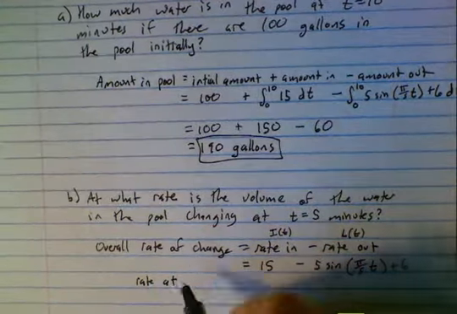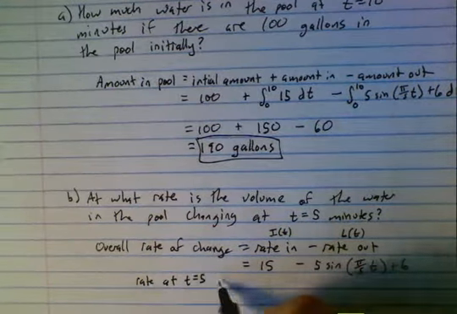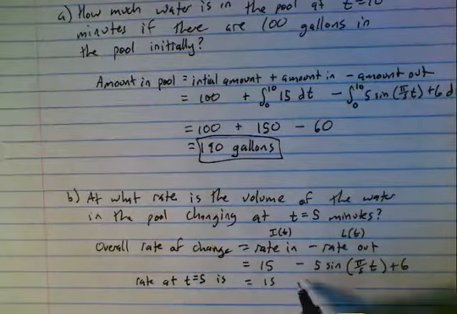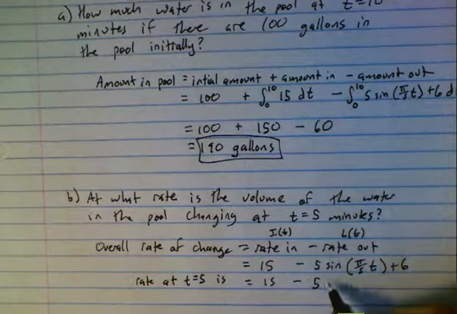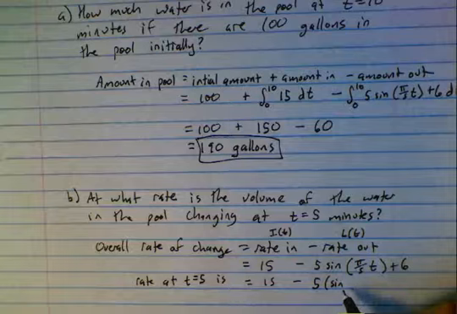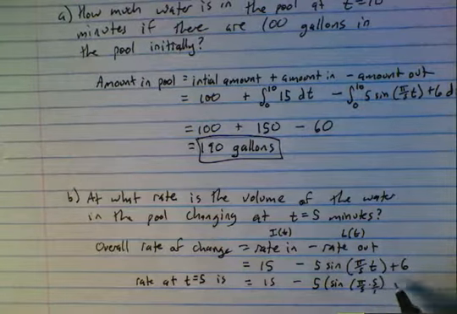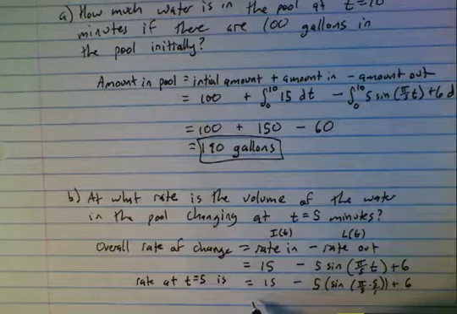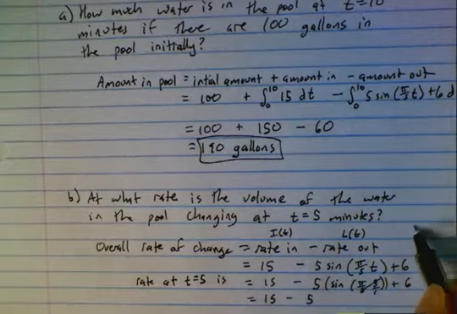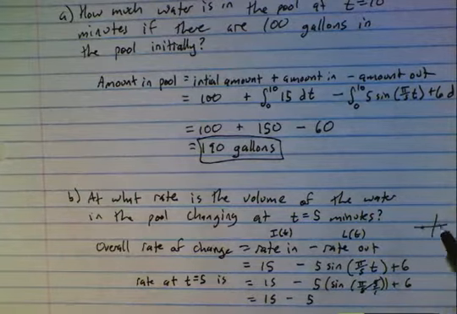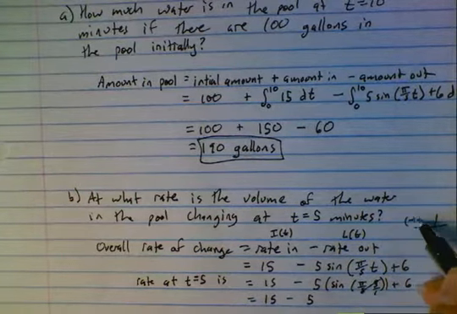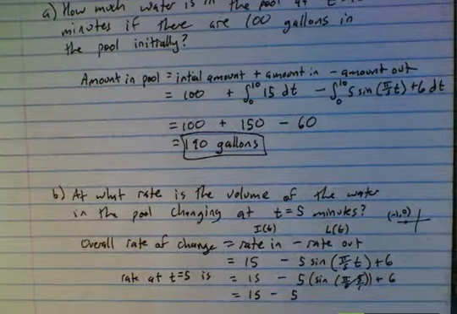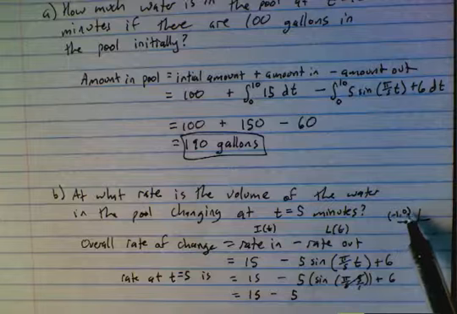Rate at t = 5 is equal to 15, and then we just substitute 5 in for t. 5 times the sine of pi over 5 times 5, which is going to cancel out, plus 6. Sine of pi, remember, the xy coordinate point of pi is negative 1 comma 0. Sine is the y value.